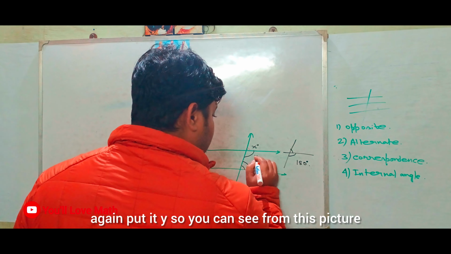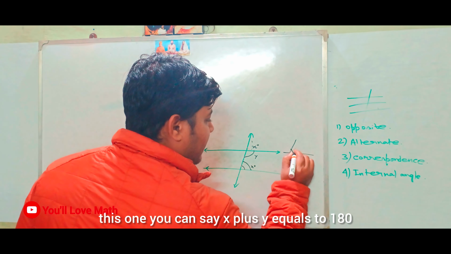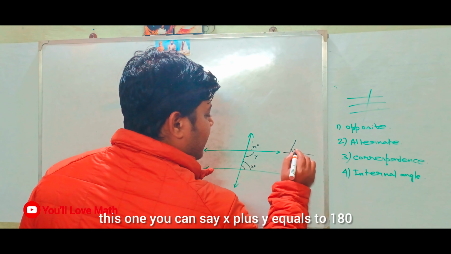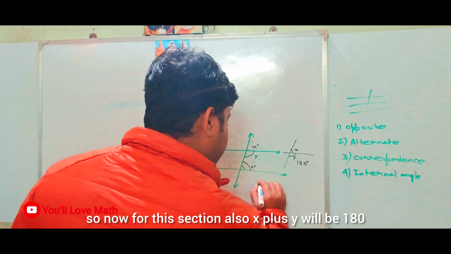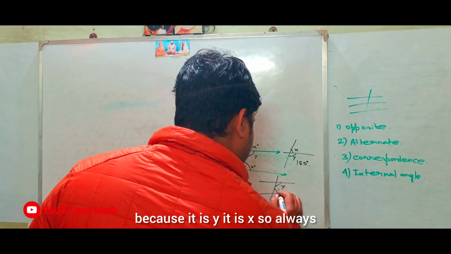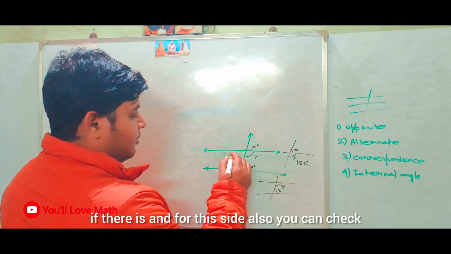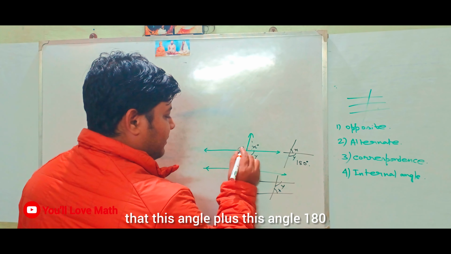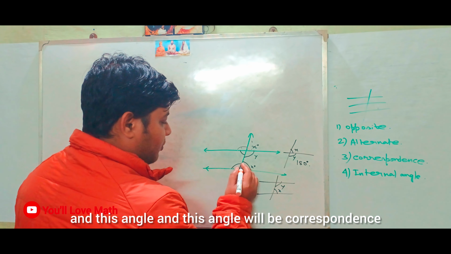Again, put this as y. From this picture, x plus y equals 180. So for this section also, x plus y will be 180, because this is y and this is x. For this side also you can check that this angle plus this angle is 180, and this angle is a correspondence angle.